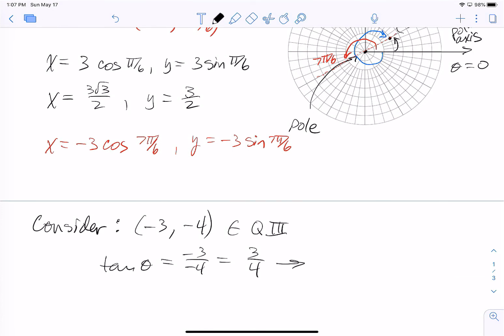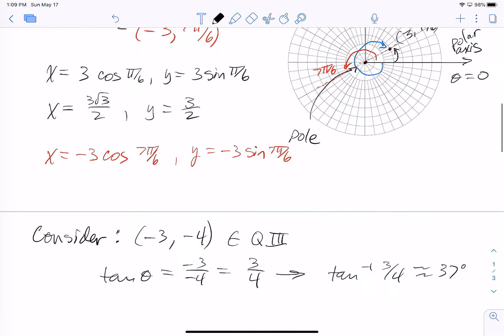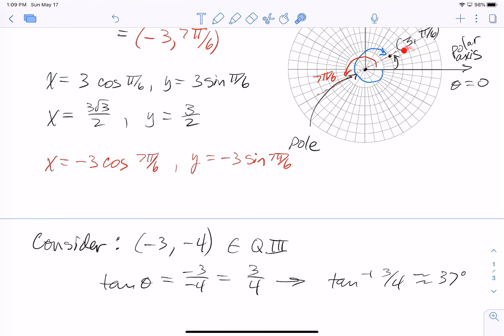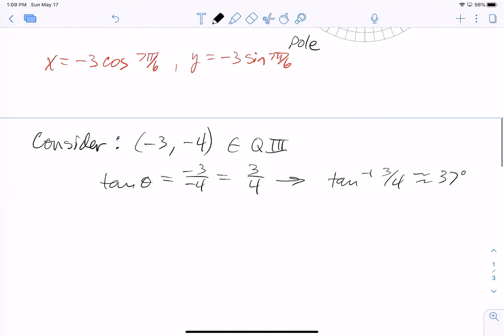If I use a calculator value, then I'm going to find that the inverse tangent of 3/4 is approximately 37 degrees. That's clearly in the first quadrant. However, the point that I started out with, (negative 3, negative 4), is clearly in the third quadrant. So I treat the information that I have, 37 degrees, as a reference angle, knowing that I'm in the third quadrant.